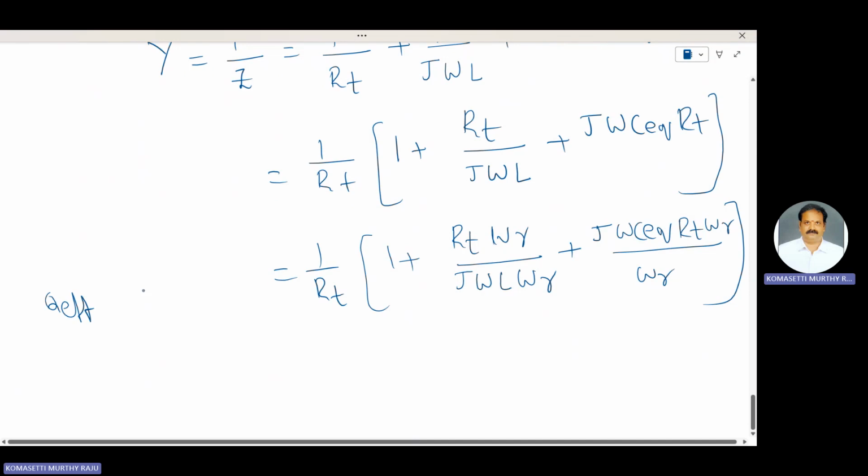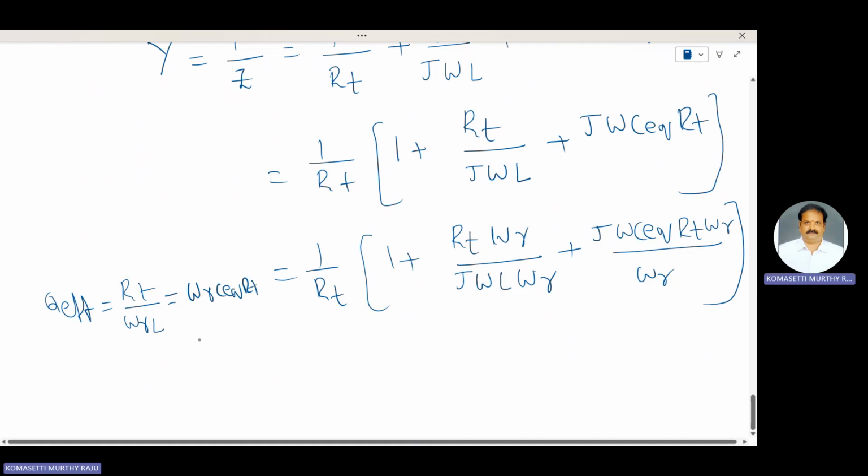Effective Q, because RT is included, is equal to RT by ωR into L, which is equal to ωR C equivalent into RT.